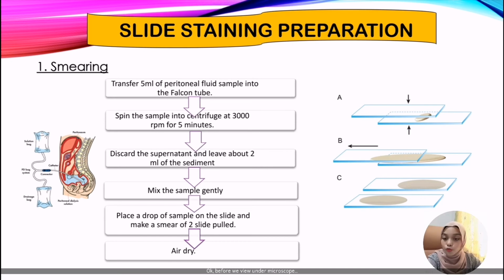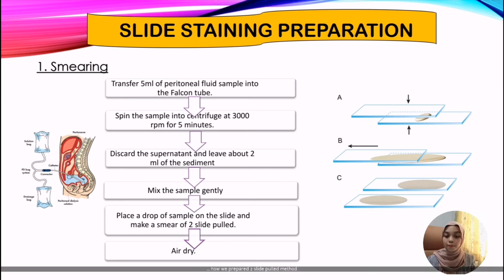Okay, before we view under the microscope, what we need to do is slide staining preparation. So step 1 for slide staining preparation is smearing. In this slide, there is the procedure that shows step by step how we prepare the two-slide pull method.